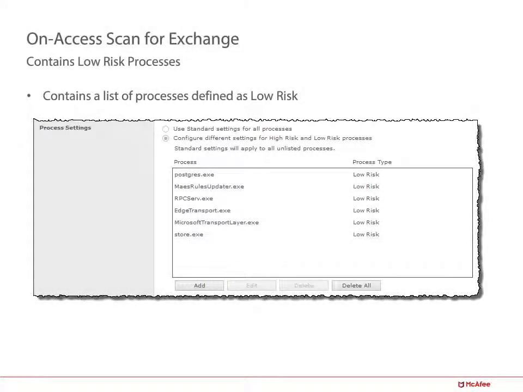The settings that the on-access scan for Exchange has is that it contains certain low-risk processes that have to do with your Exchange server. It automatically has some exclusions that are listed for the Exchange server. If you don't have this policy applied, then you may have to create your own Exchange policy and add your own exclusions.